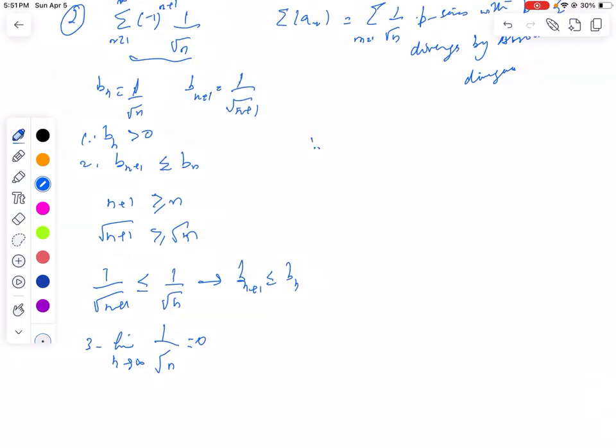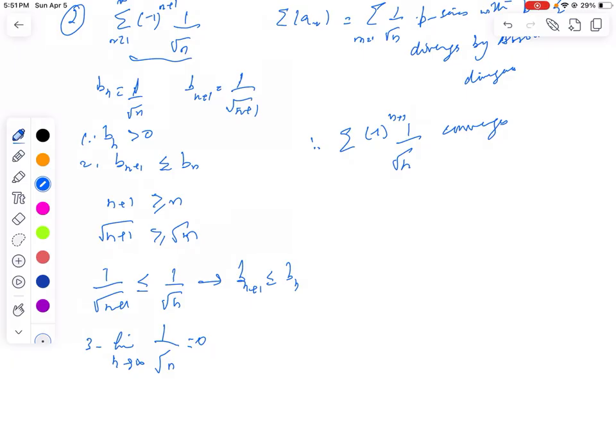Therefore, summation -1 raised to the power n plus 1 times 1 over square root of n converges.